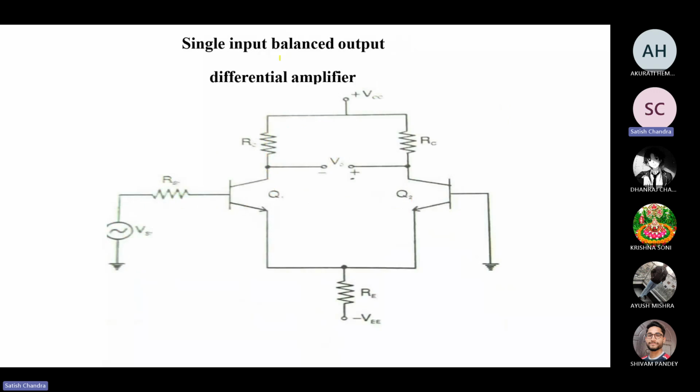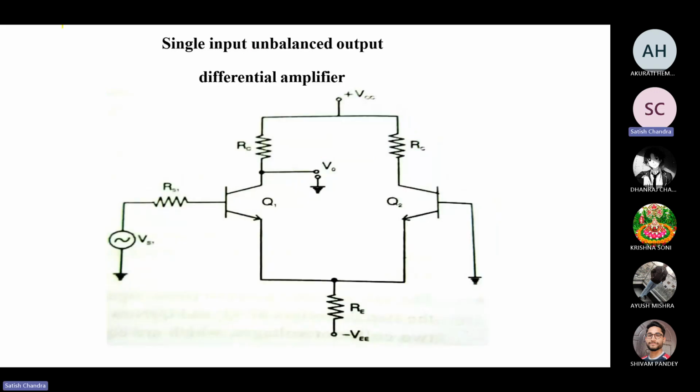And this is the single input balanced output differential amplifier. We are giving an input at only one end, the other end is grounded, whereas we are taking the difference of the output. That is called a single input balanced output differential amplifier.